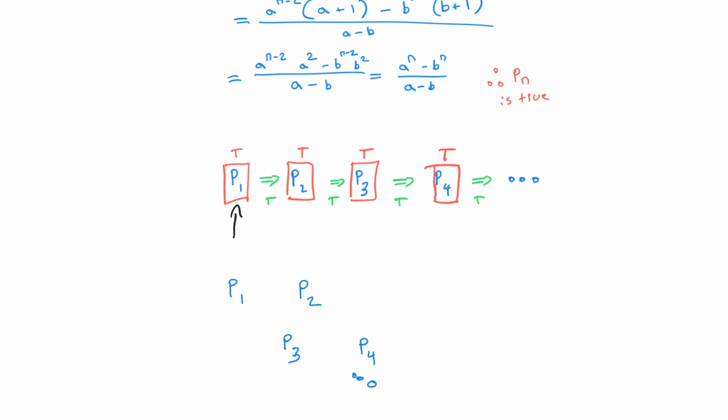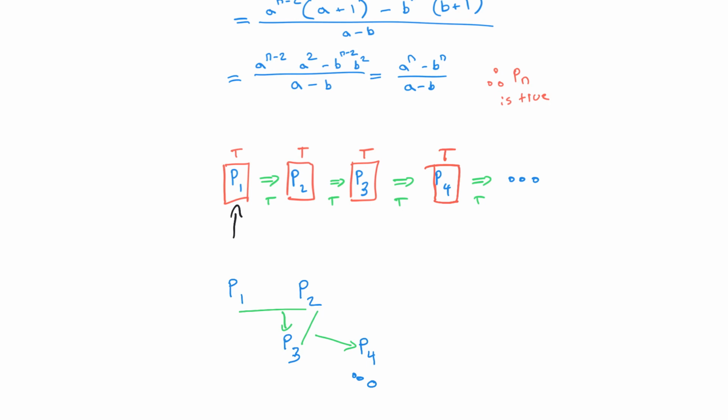We showed that 1 and 2 when put together give you 3. So we showed that that implication was true. And then we showed that 2 and 3, when you put that together, you get 4. And so on. When you put 3 and 4 together, you get 5.